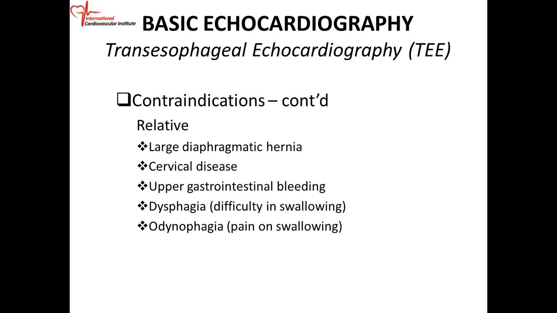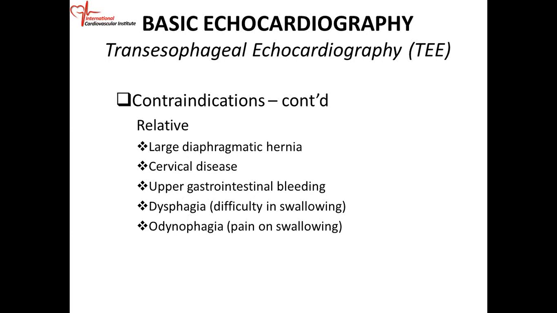Remember, varices are dilated blood vessels in the lower esophagus, usually in patients with cirrhosis of the liver. So you want to think twice. Dysphagia, that is difficulty in swallowing.